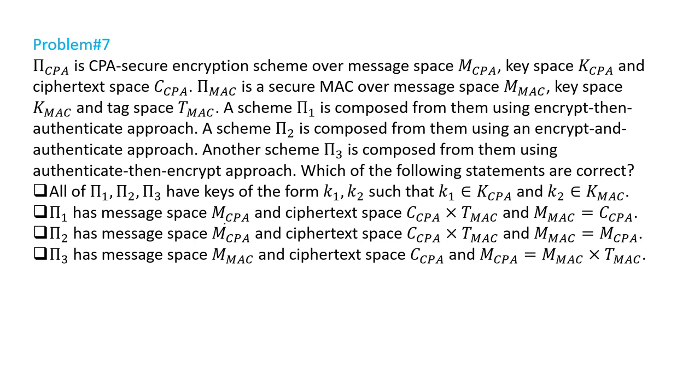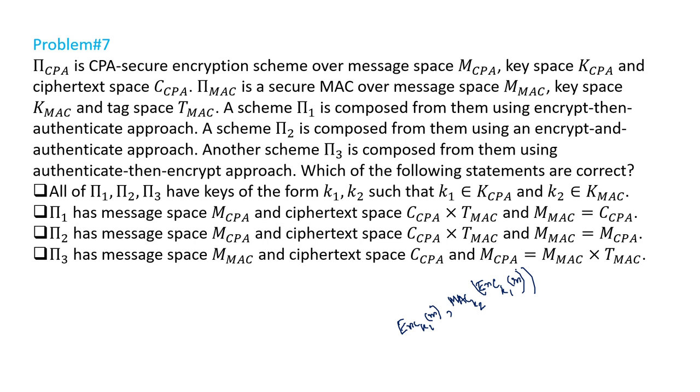Pi 1 has message space, so pi 1 is encrypt then authenticate, right? In that case your encryption is done first, and then you apply the authentication on this ciphertext, and then you give the ciphertext, comma.